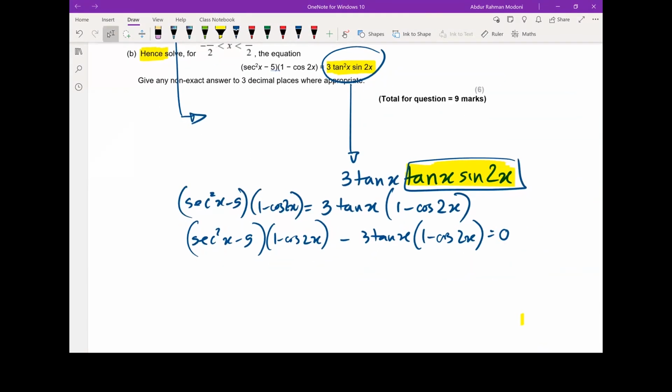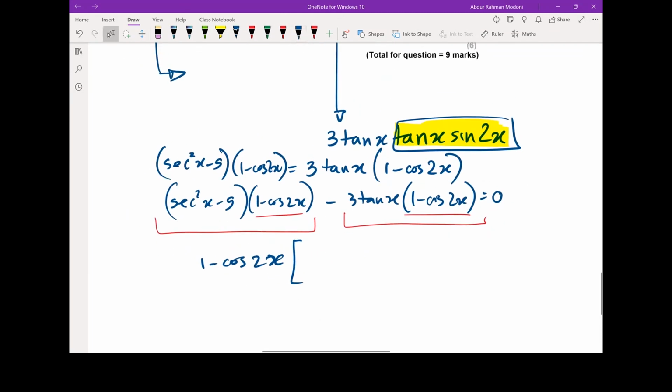Okay, from this stage here, I can see that 1 minus cos 2x is a common factor in both of these terms. I've got one term here and a second term here. So I'm going to factor this out. I'm going to write down 1 minus cos 2x, open bracket. I'm using square brackets because I'm going to have a few other brackets inside.